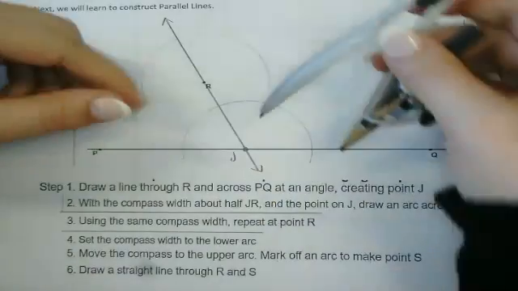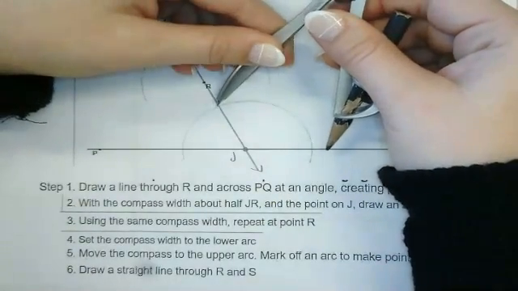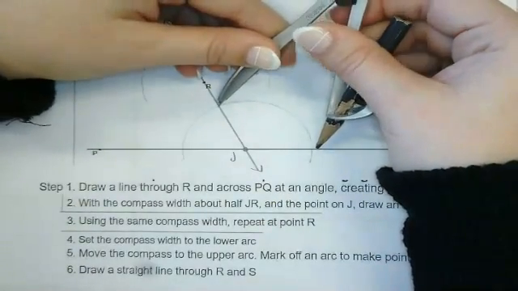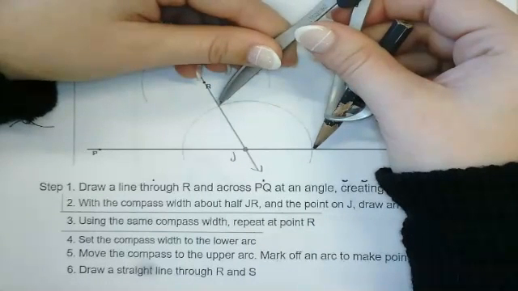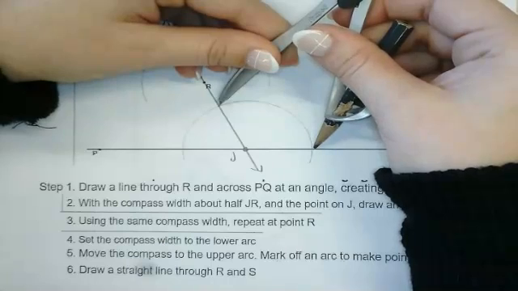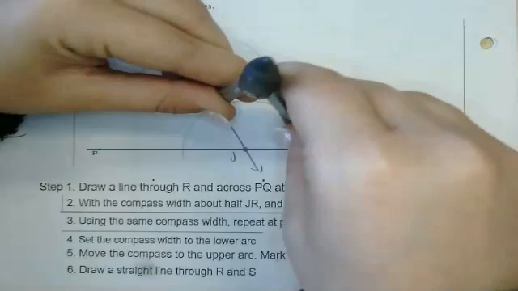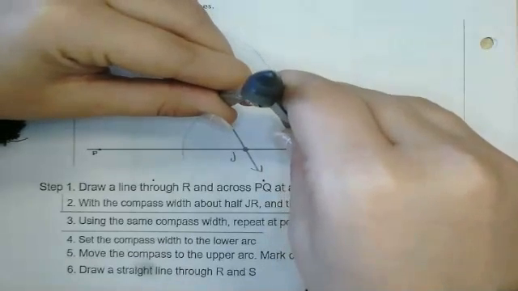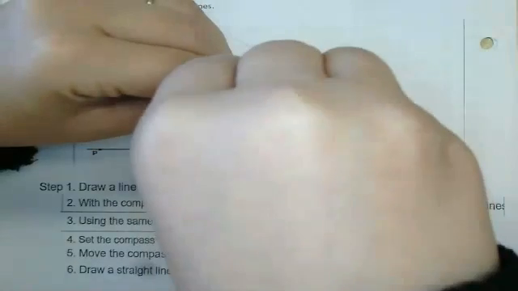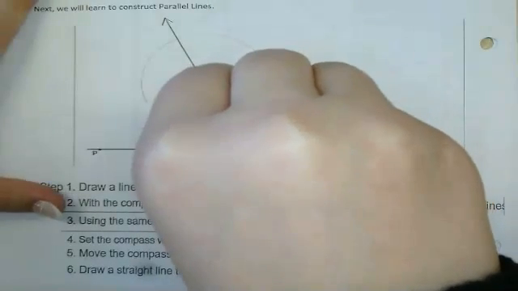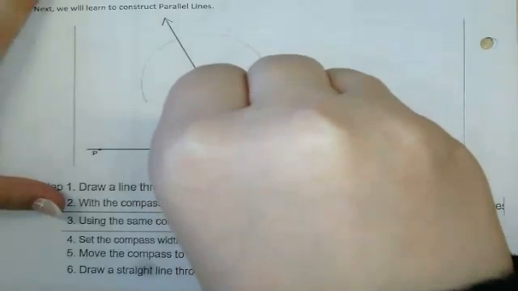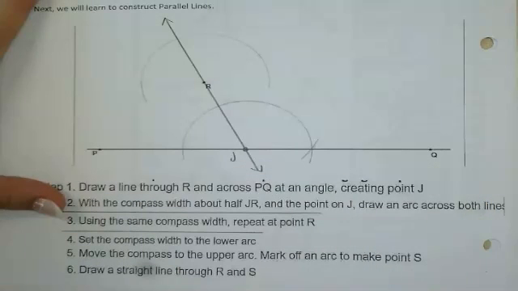I'm going to go ahead and put it, setting it at the width of the entire arc, so across the whole thing. So maybe put my center right here where the arc intersected my segment, and my pencil end over here where that arc intersected segment PQ. And give myself a small arc there.